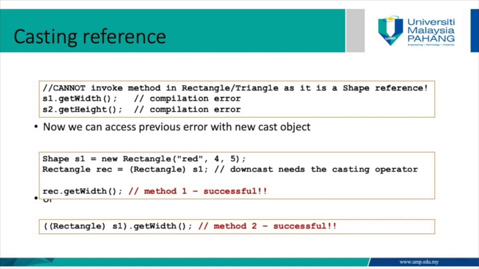Or you can also write it as ((Rectangle) S1).getWidth. Either way will work to get the getWidth method from the Rectangle class.